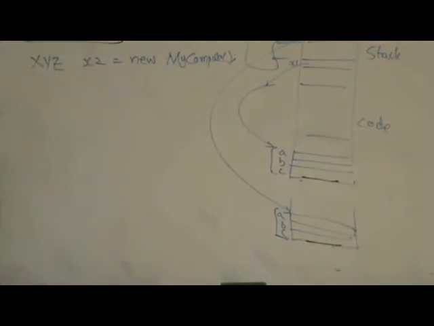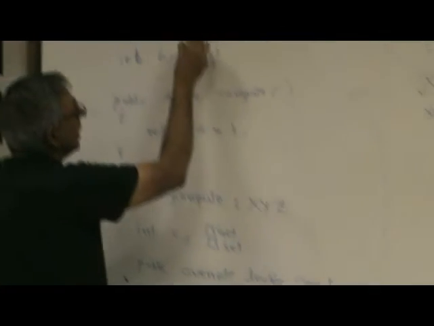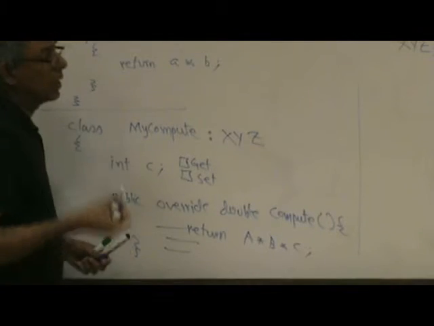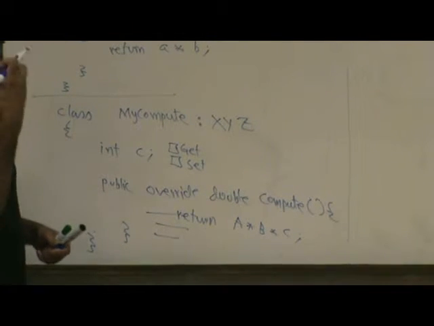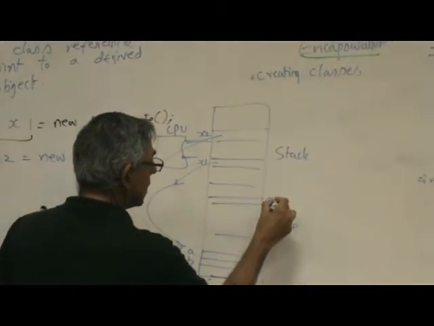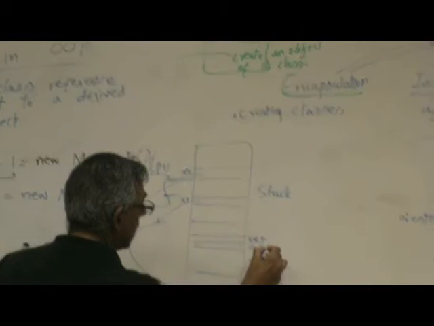So where does the code for set, get, as well as compute go? It goes into a single area called the code area. So over here, there will be code for set, code for get.